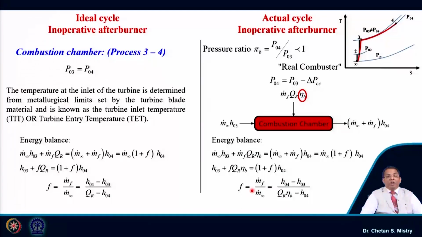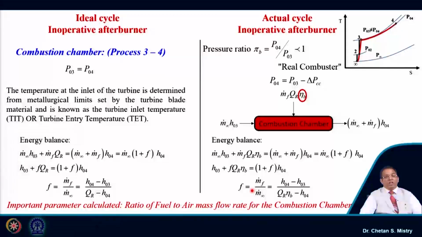I am giving you the idea of reverse calculation, which people are moving towards these days, where we look for specific fuel consumption to be as low as possible, because we are looking for fuel economy. Now, when we say fuel economy, that means my burning of the fuel needs to be lower, and that is taken care of by changing my temperature ratio. So, here we are able to calculate an important parameter, that is my fuel air ratio.